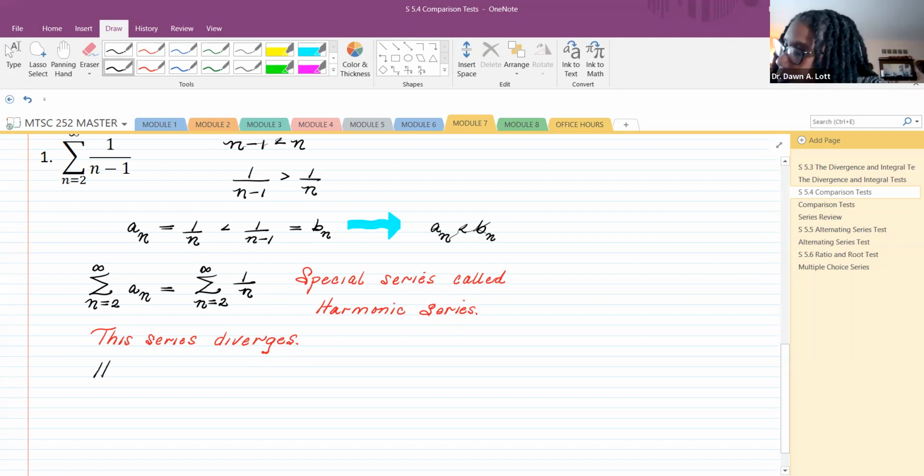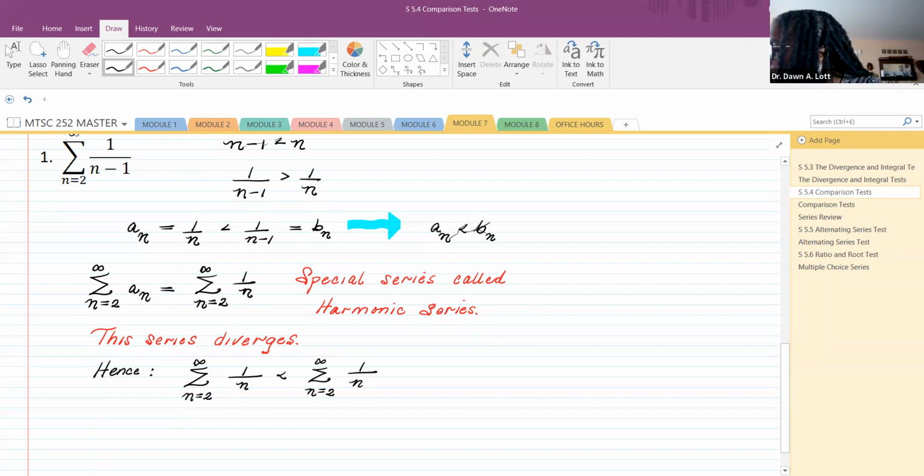Hence, we have the summation n equals 2 to infinity of 1 over n is less than the summation n equals 2 to infinity of 1 over n minus 1.